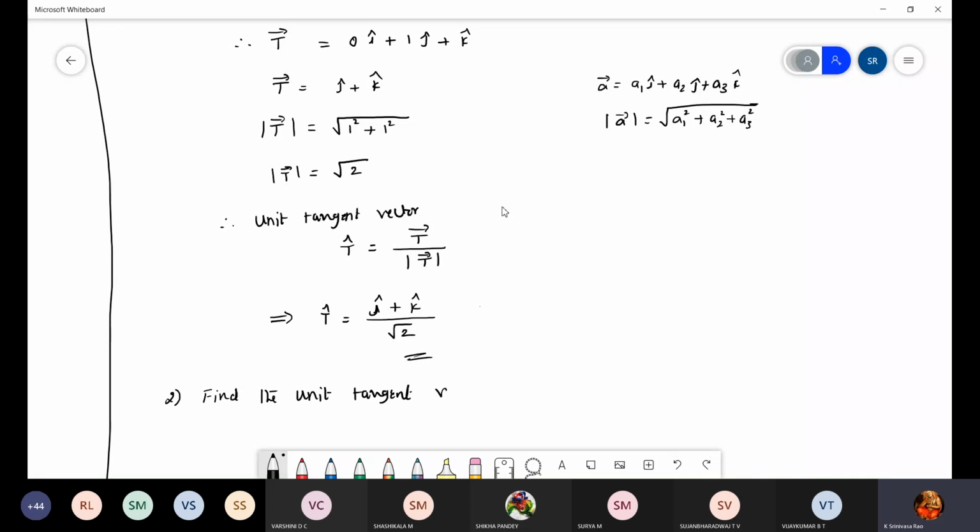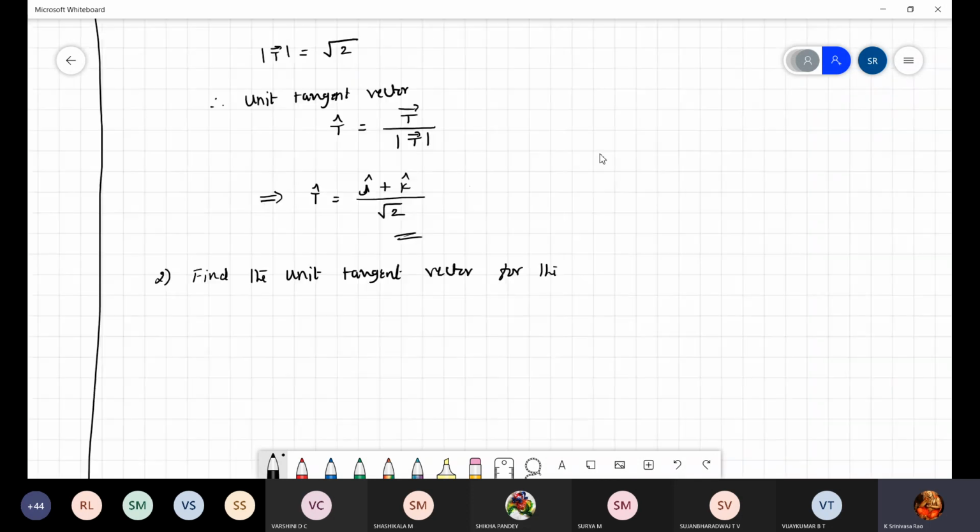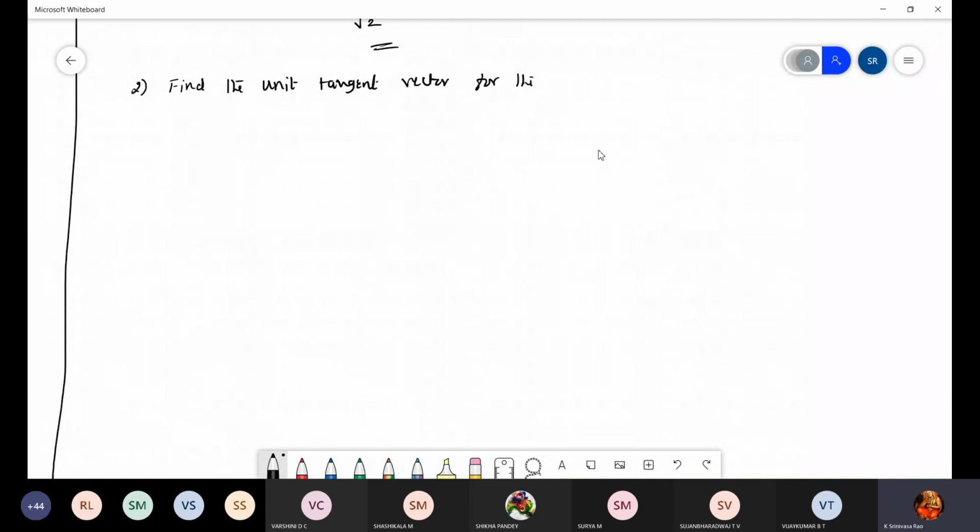Find the unit tangent vector for the space curve x equals 1 plus t cube, y equals 2 t cube, and z equals 2 minus t cube at t equals 2.